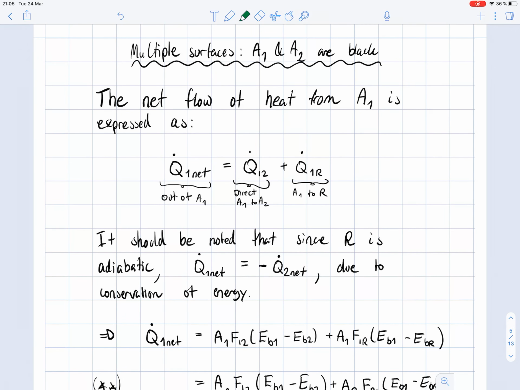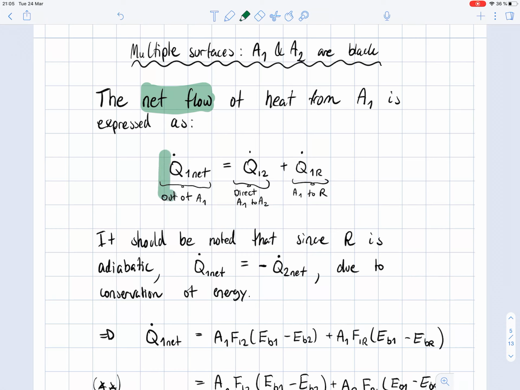Now, the heat transfer rates that we have calculated are between two surfaces. The net heat flow in a total sense will have to be expressed by means of all surfaces involved.